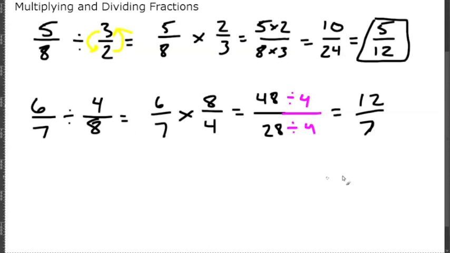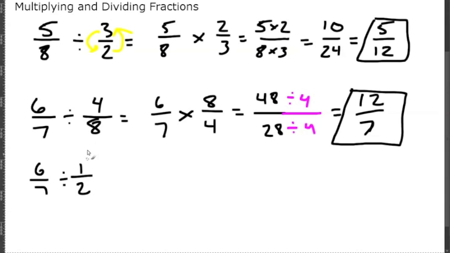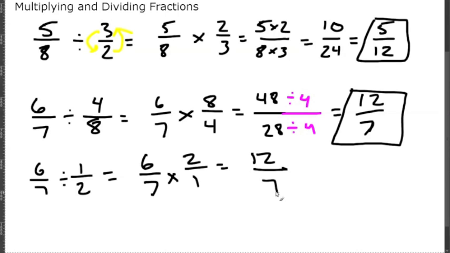This one is another great example. We can double check our work by simplifying first. So we have 6/7, but what is 4/8? 4/8 is simply 1/2. So if we do 6 over 7 divided by 1/2, because 4/8 and 1/2 are equivalent fractions, that's going to be 6 over 7 times, flip it around, 2 over 1. 6 times 2 is 12, and 7 times 1 is just 7.